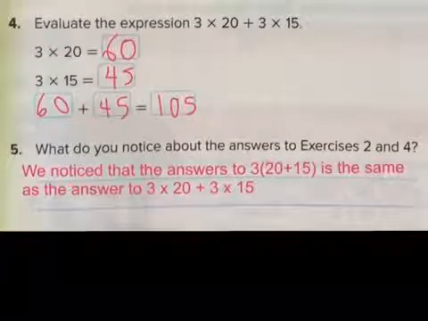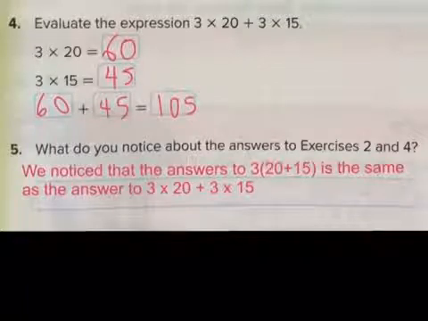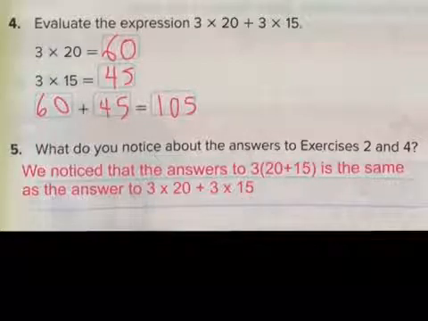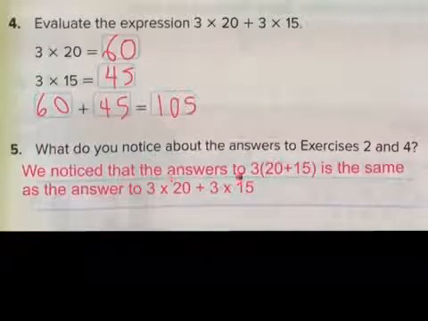Well, we notice that the answers to 3, parentheses 20 plus 15, or you can say 3 times 35, is the same as the answer to 3 times 20 plus 3 times 15, right? So here we've taken this expression, and this is the way their story was written.